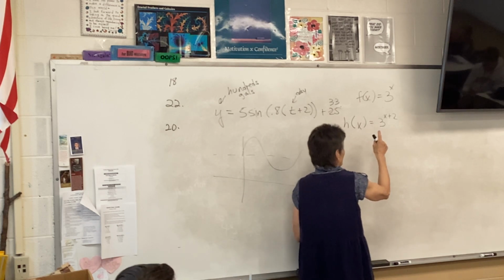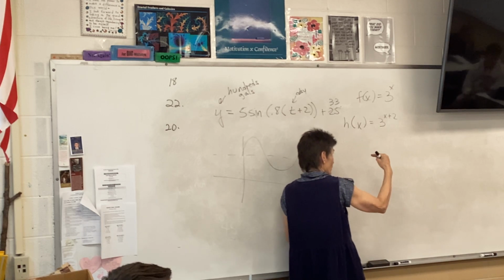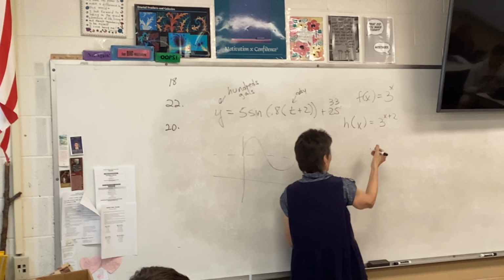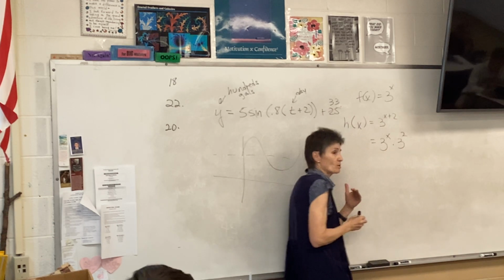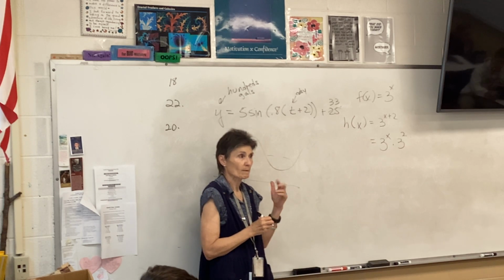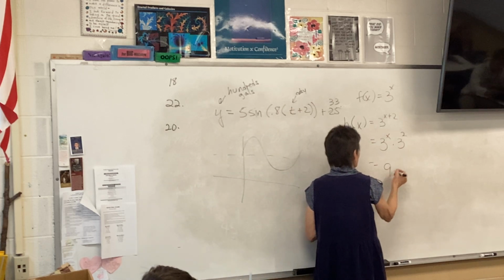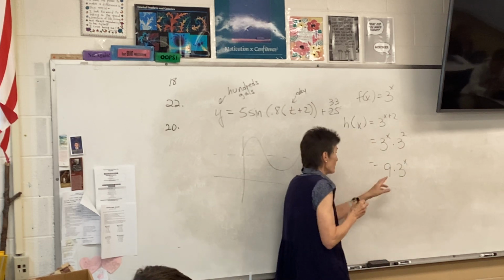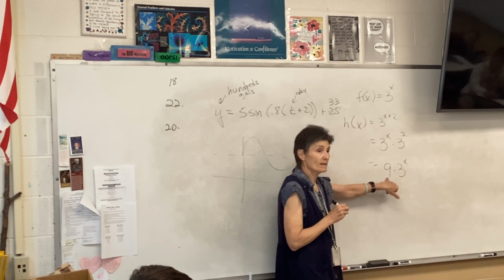What I want to do is rewrite this thing so it's a vertical dilation. So I need a multiplier. So this is the same as 3 to the x times 3 squared. Would everyone agree with that? Remember we had exponents? So 3 squared is 9. Now, here is my function f, but what have I done to it now?